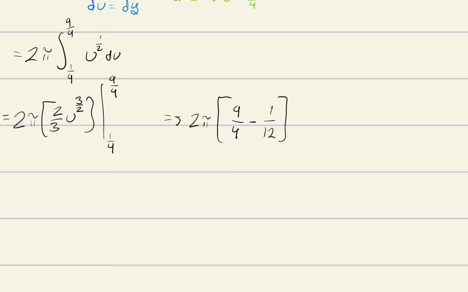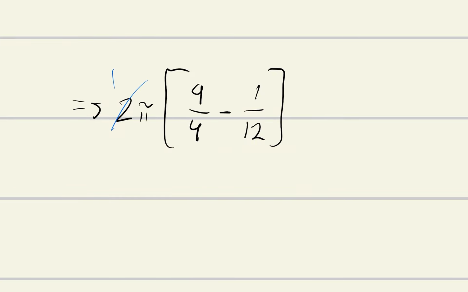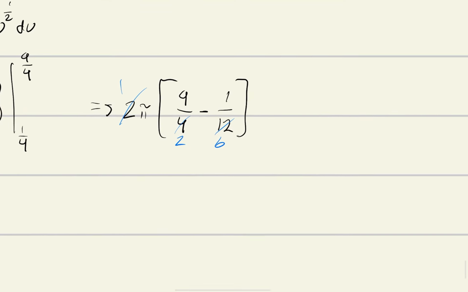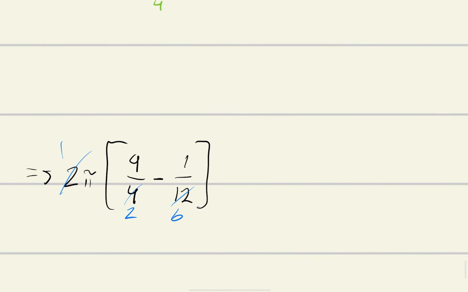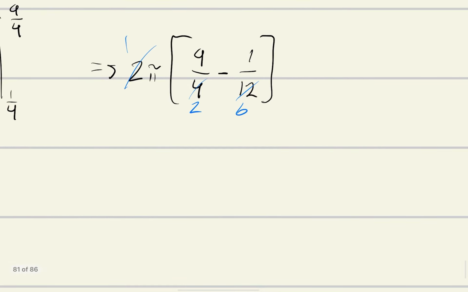And to make our life easier, we can go ahead and take out this 2, making this a 2 and this a 6. So the common denominator for 9/2 minus 1/6 is 6.